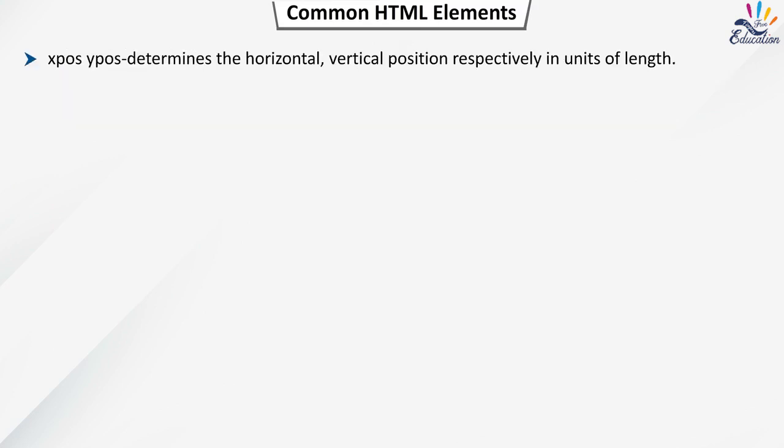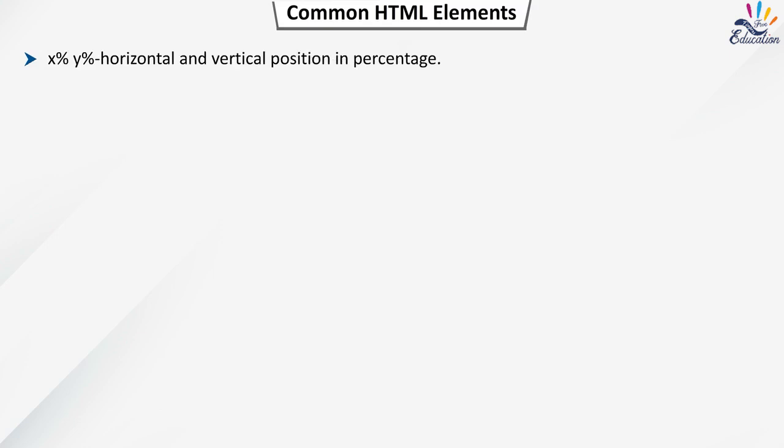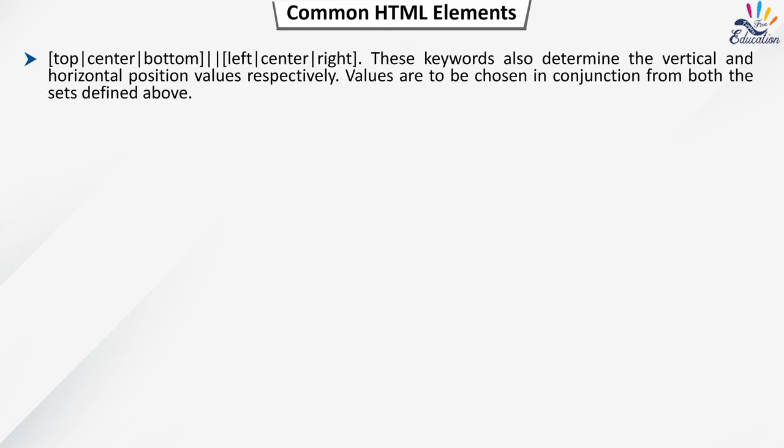Xpos, ypos determine the horizontal and vertical position respectively in units of length. X%, y% give the horizontal and vertical position in percentage. Top, center, bottom, left, center, right: these keywords also determine the vertical and horizontal position values respectively. Values are to be chosen in conjunction from both the sets defined above.